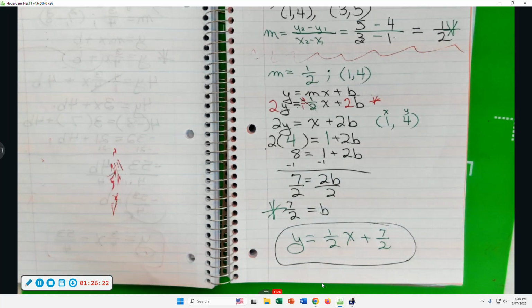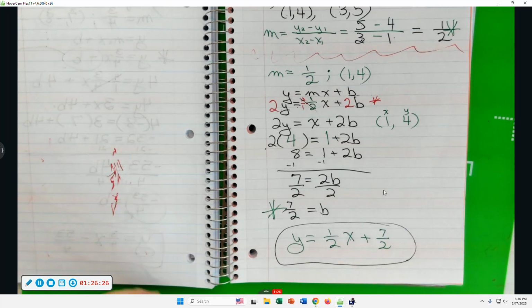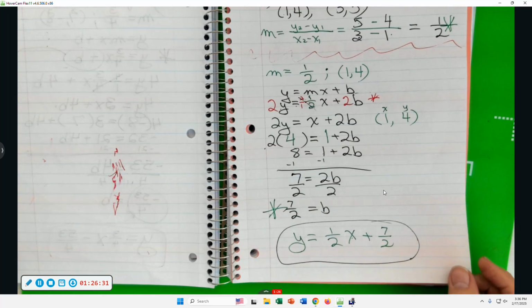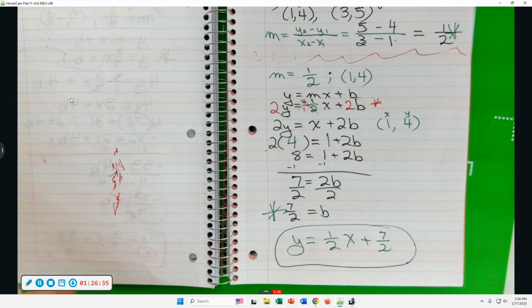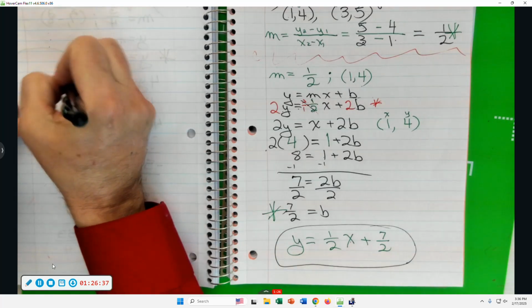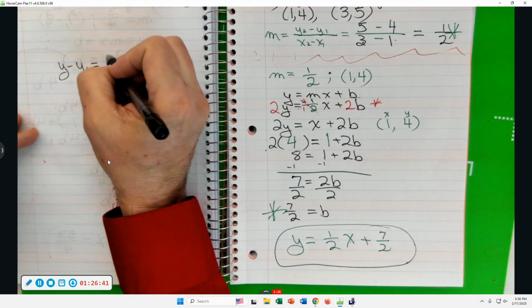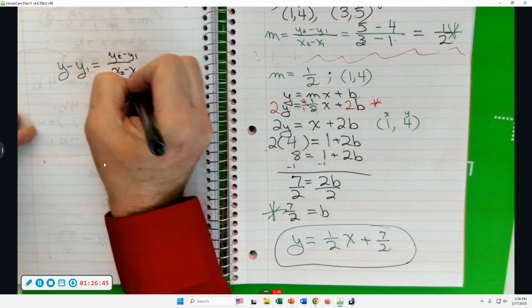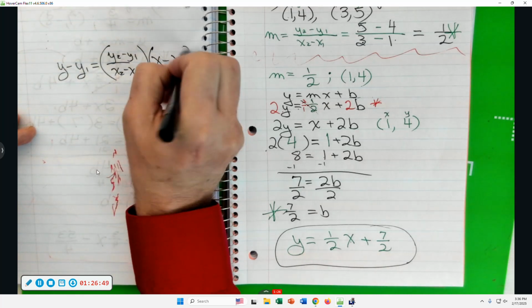And there's something called the two-point form of a line. I'm going to write it down just so they can see the madness. y minus y1 equals, well, you need the slope. So they write the formula: y2 minus y1 all over x2 minus x1, all times x minus x1.